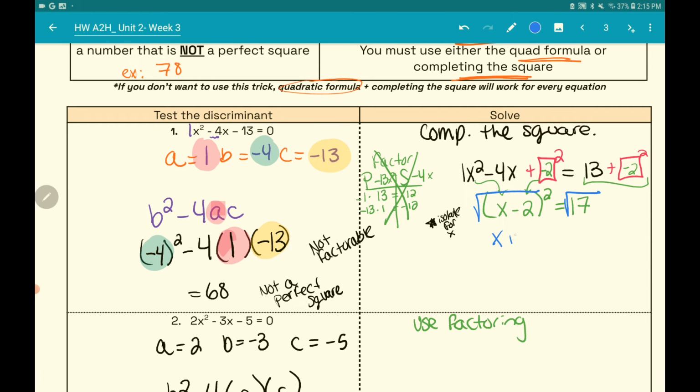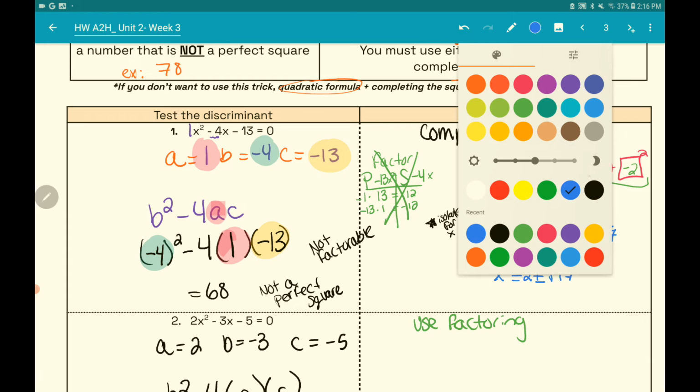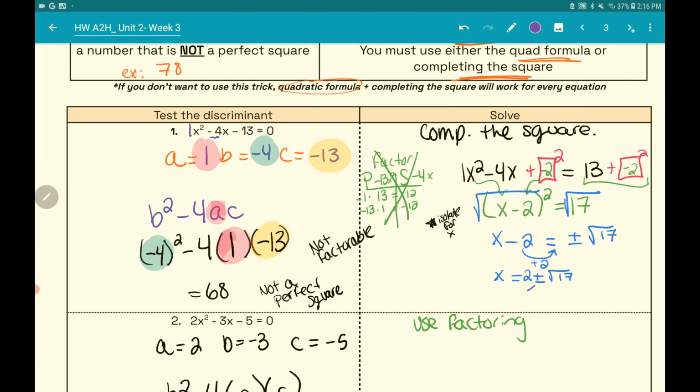So I get x minus 2 is equal to plus or minus the square root of 17. I'm going to move that over by adding, and I get x is equal to 2 plus or minus the square root of 17. Now we want to split this up because we want our two roots. So 2 plus square root of 17 and 2 minus square root of 17.